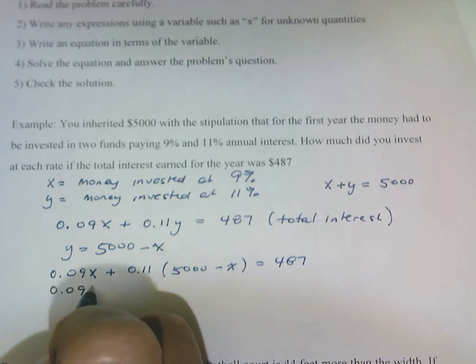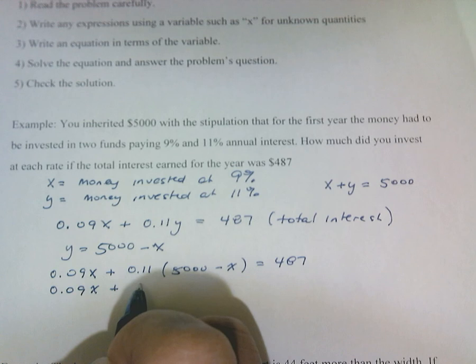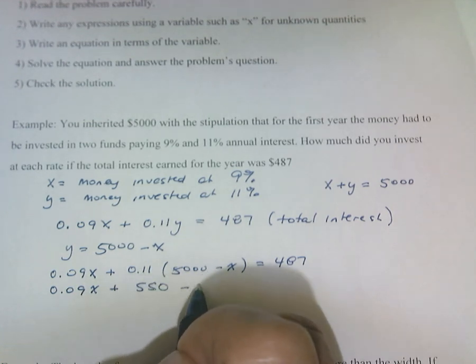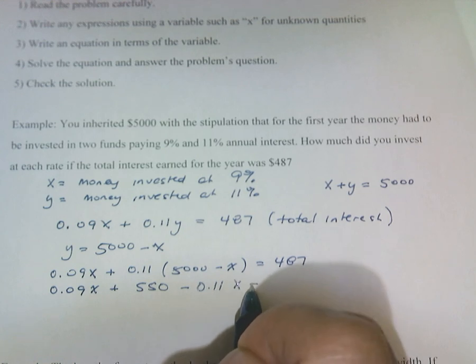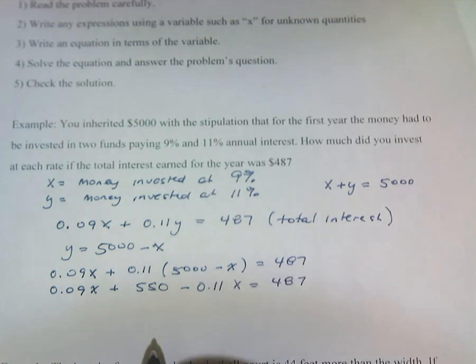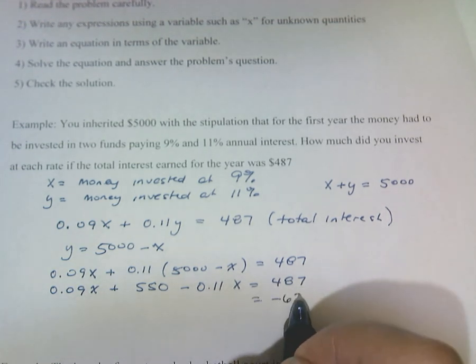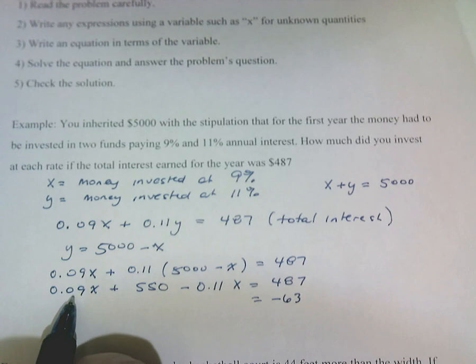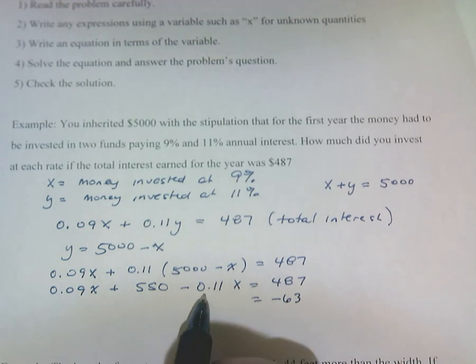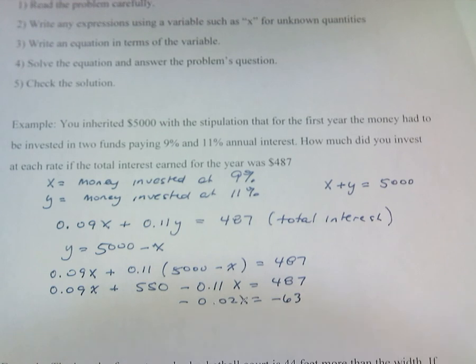So 0.09x plus 0.11 times 5,000 is 550, minus 0.11x equals 487. I'm going to subtract 550 from the other side, and I get negative 63. Combining 0.09x and negative 0.11x gives negative 0.02x.